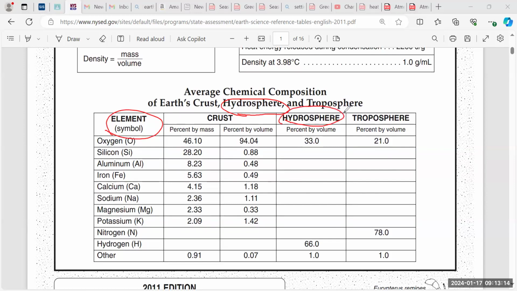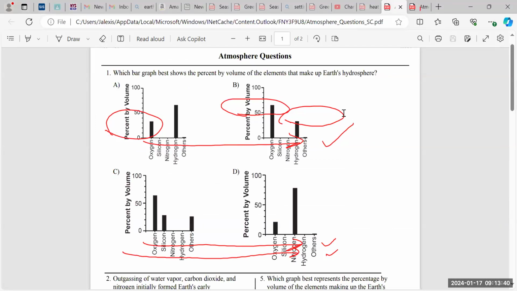In the hydrosphere, oxygen is making up 33%, hydrogen is making up 66%, and some other elements are making up the 1%. So I'm going to choose a bar graph that represents oxygen at 33%, hydrogen at 66%, and the other at 1%.